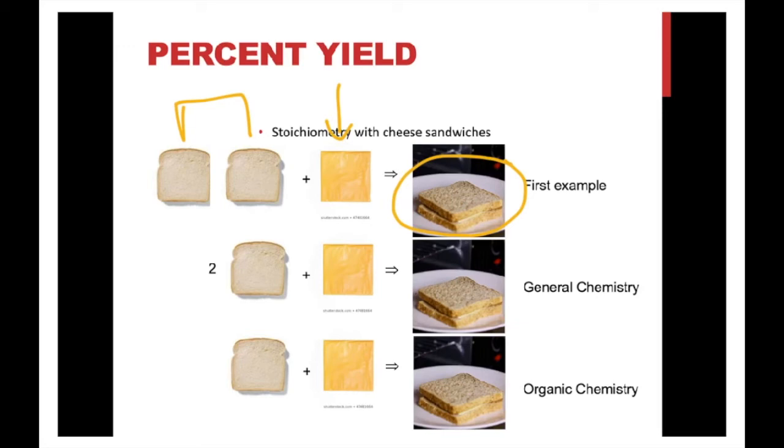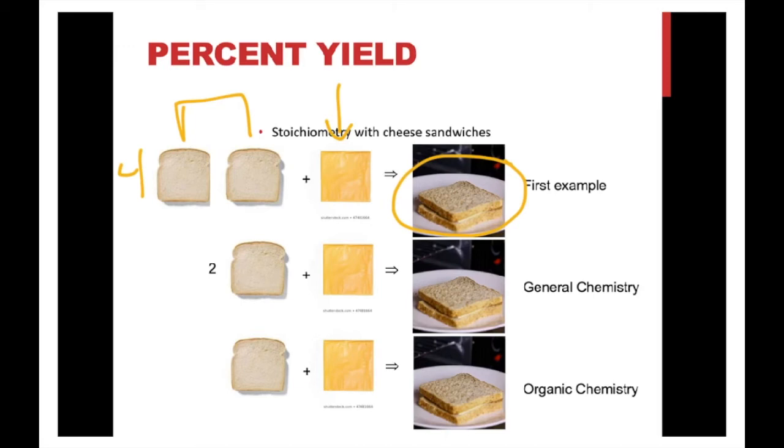So you get that in your head where you're like, okay, I need 2 of this molecule and 1 of this molecule to make my product. If I double the amount of one reagent and don't change the other, I'm not going to be able to use all of that excess reagent, right? So if I have 4 breads and only 1 cheese, I still only get 1 sandwich and I have bread in excess.